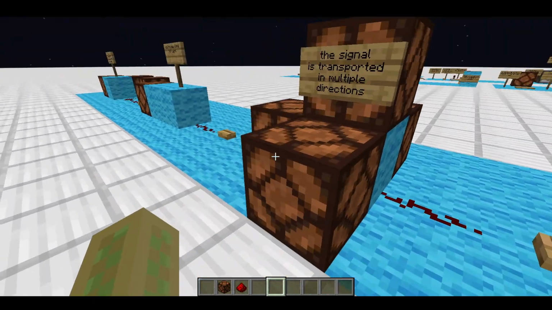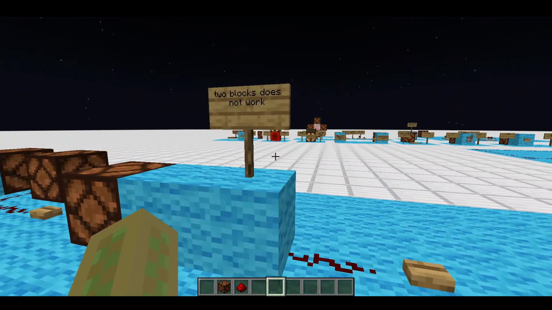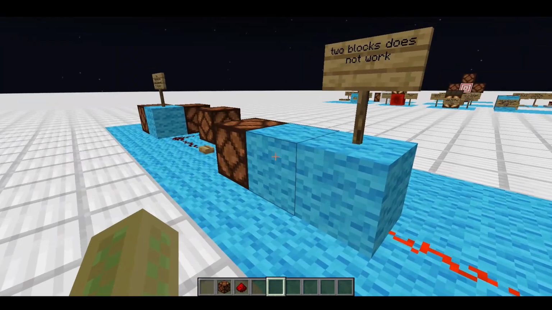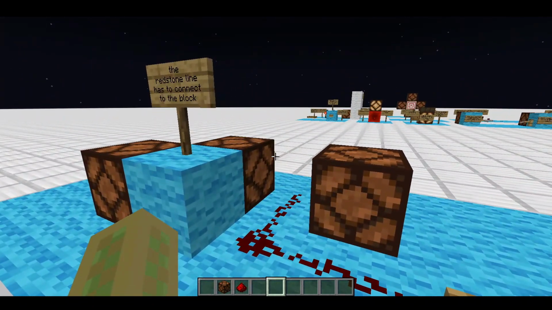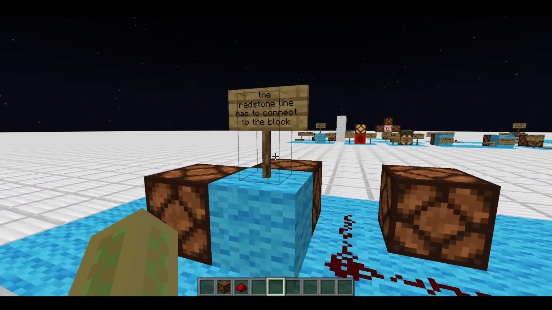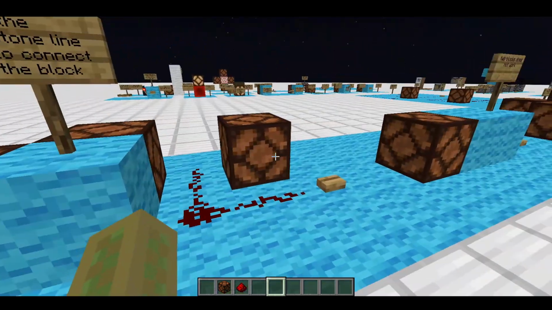As you see, it's multi-directional. Two blocks, however, does not work. It's only one block. And as I told you earlier, the redstone has to connect to the block or it just won't send the signal to anything.